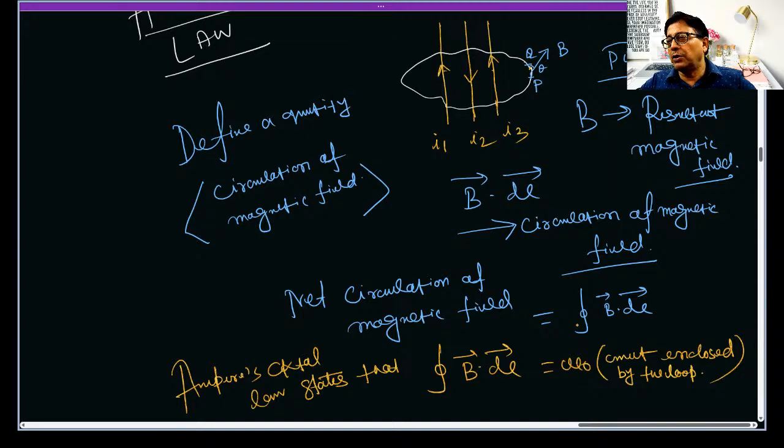Ampere's circuital law we are not going to prove. We will assume that it is true. Proof is not there in the board exam. Proof is not there for competitive exams, but you must learn it properly.